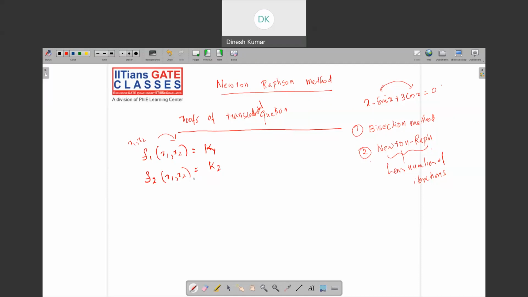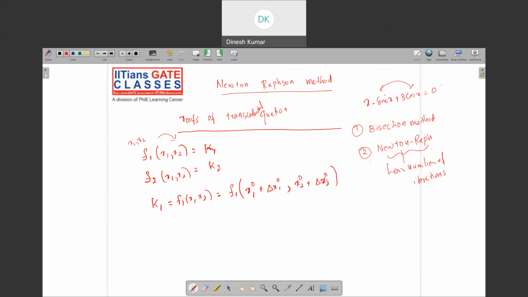In order to solve this, we write k1 equal to a function of x1, x2, and we write f1 of x1 0 plus delta x1 0, comma x2 0 plus delta x2.